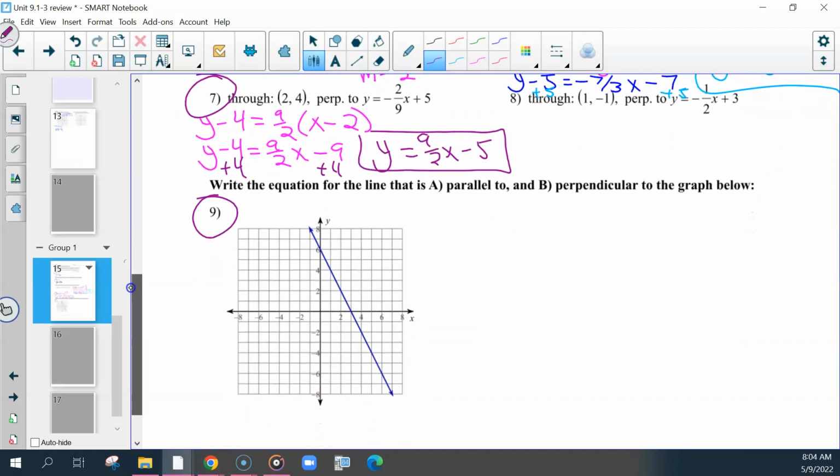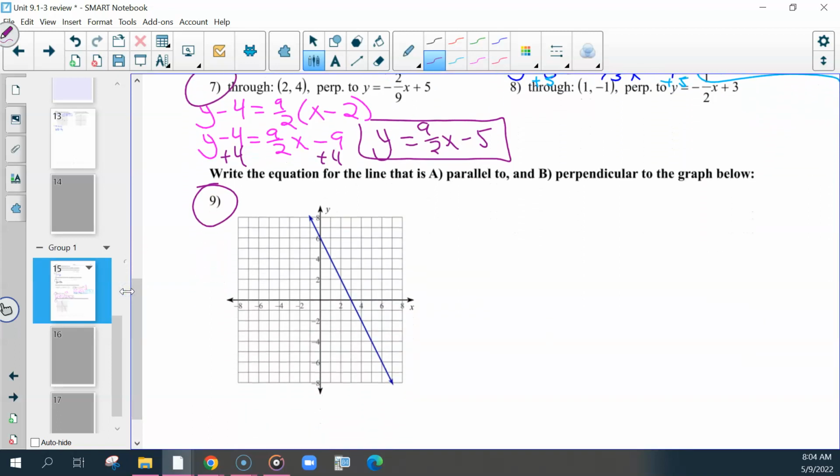And then 9 is going to be the last one we do. So for this, you should have 2 equations, one that is parallel to the one that's given, and one that is perpendicular. Before you do anything, find the equation of this line. So we know it's going to have a y-intercept at 6. And we have to find the slope.